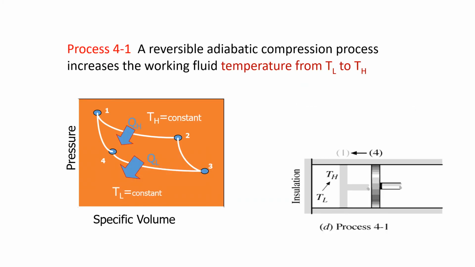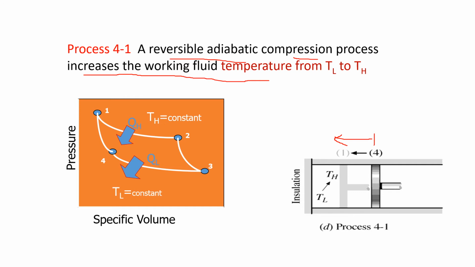From the fourth point to the first point, 4 to 1, it's a reversible adiabatic compression. There's no heat transfer. The process increases the working fluid temperature from TL to TH. So TL is the low temperature here.